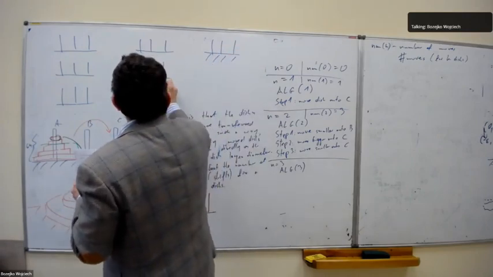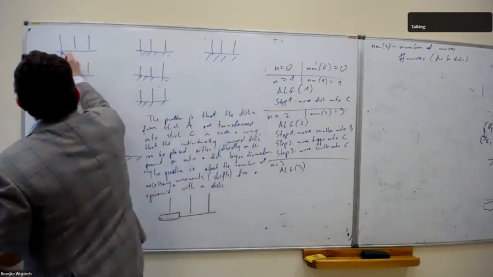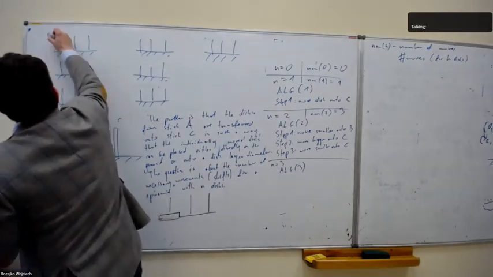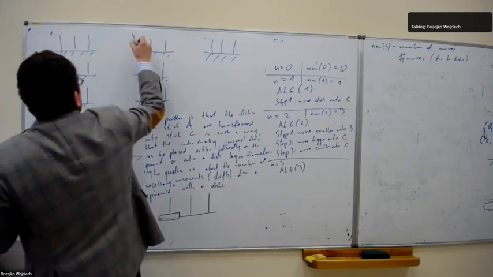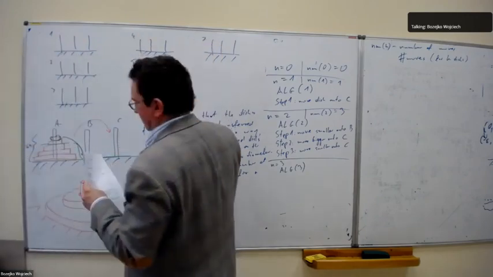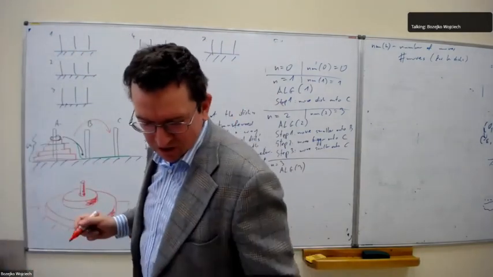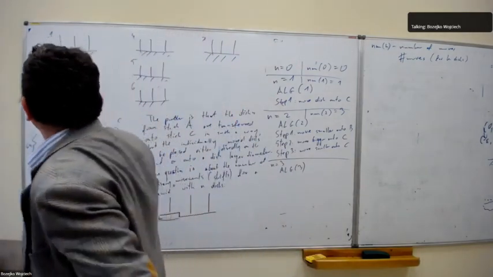This is a ground. I have written 7 steps because I know that it will be 7. Okay, so let us try.